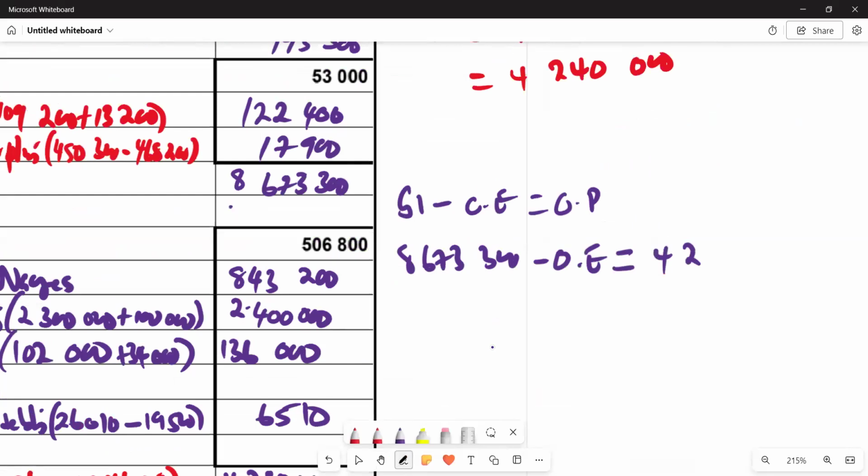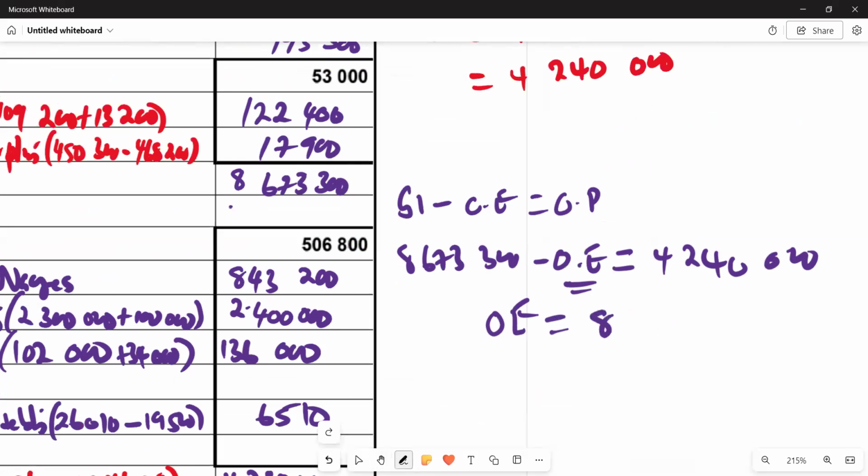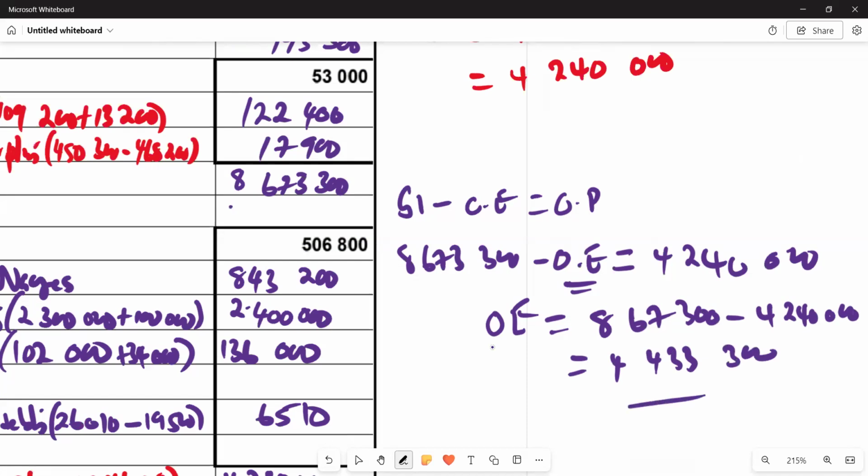So the formula becomes operating expenses is equal to 8,673,300, then we subtract your 4,240,000. So you see that when you calculate it as such, you get a figure for operating expenses of 4,433,300. So this is the figure that is going to come here as our operating expenses.